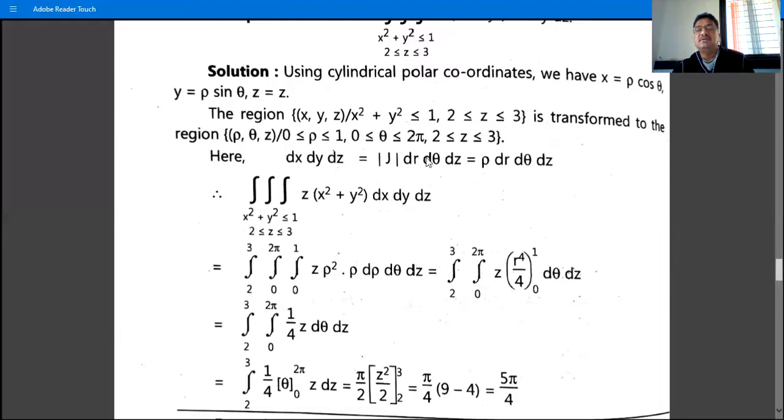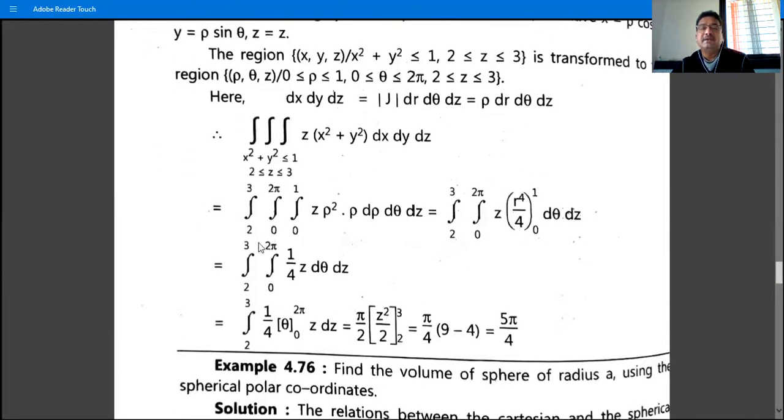Sometimes we use the r notation and sometimes the rho notation, so let us use the r notation throughout: r dr d theta dz. Then the triple integration is from 0 to 1, the limit on r, 0 to 2 pi, the limit on theta, and 2 to 3, the limit on z. The order is r, then theta, and then z.